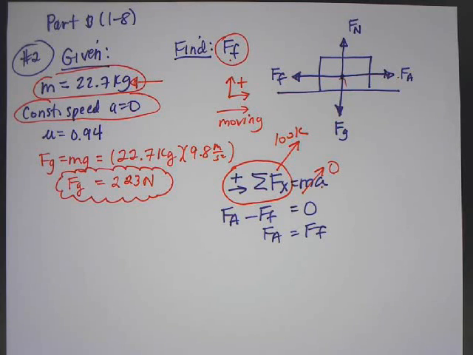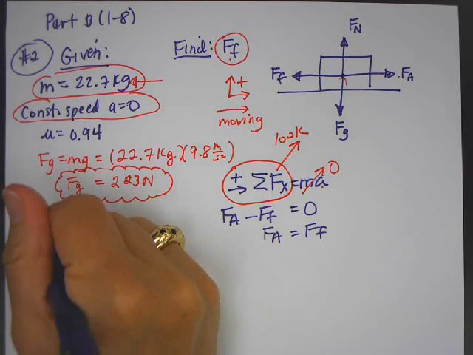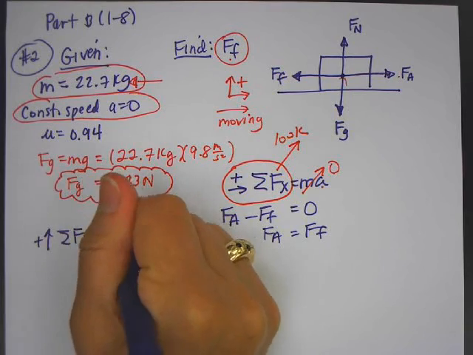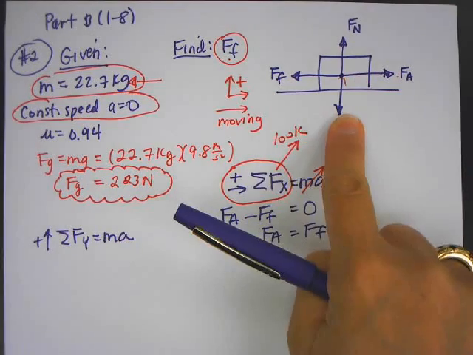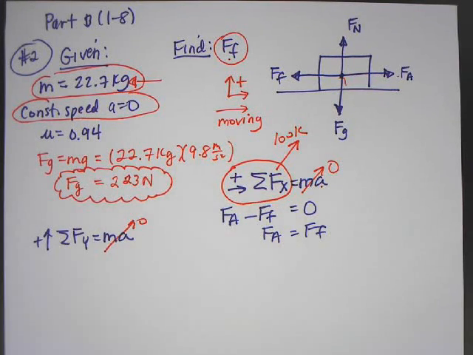Again, there's three things I can do. I can sum forces horizontally, I can sum forces vertically, and I can use the mu equation. So let me sum forces vertically. Summation of F of Y is equal to MA. Is my box accelerating in the Y direction? No, it's not even moving in that direction. So this is 0.